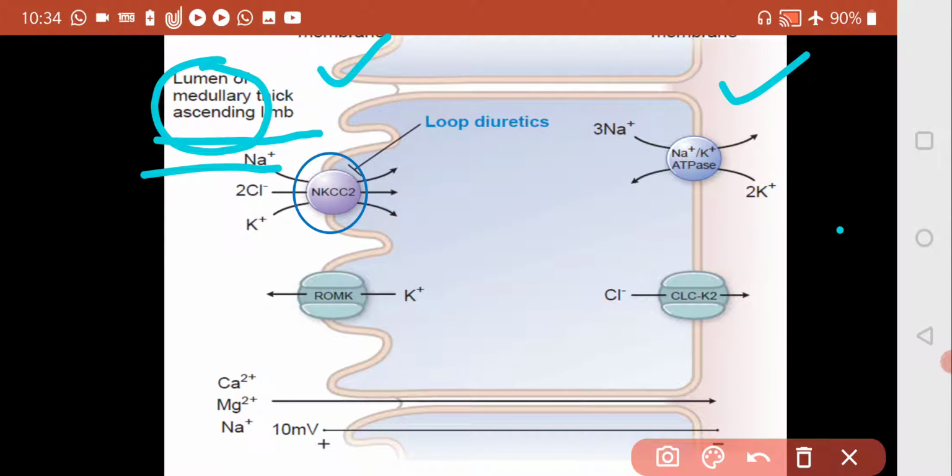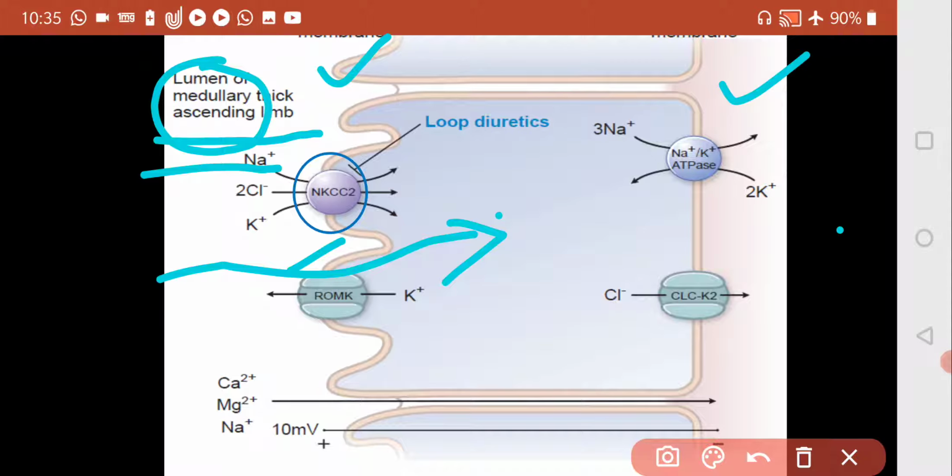First, there is a co-transporter, the sodium potassium chloride co-transporter. It reabsorbs sodium, potassium and chloride from the lumen side to inside the renal tubular cells.